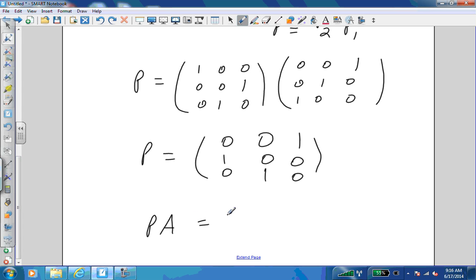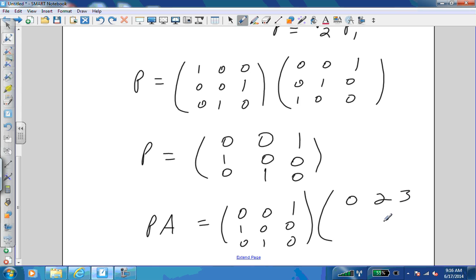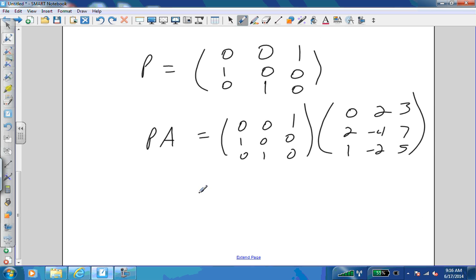So our permutation matrix times our A basically puts our first row in the second position, our third row in the first position, and our second row in the third position.